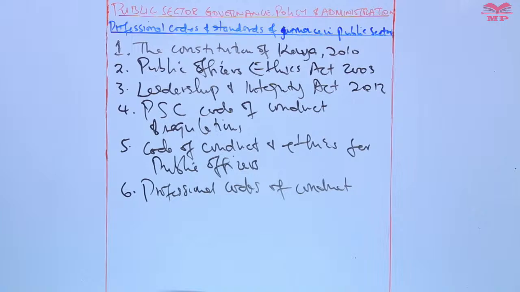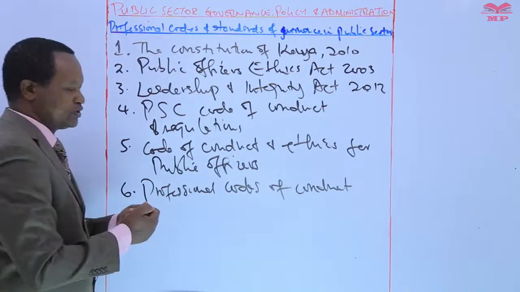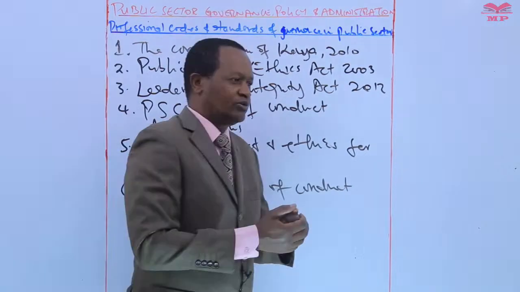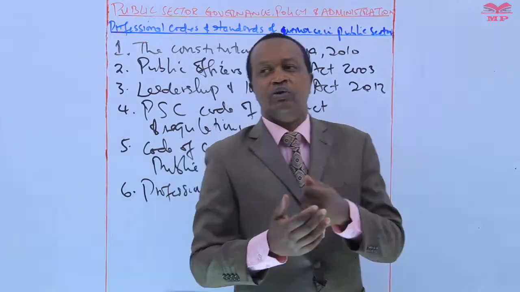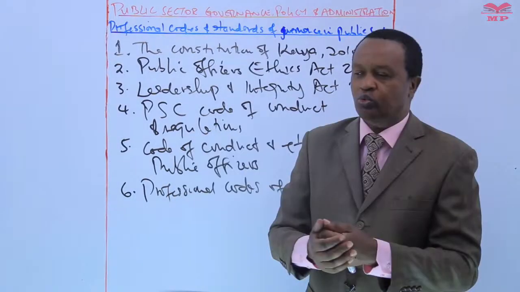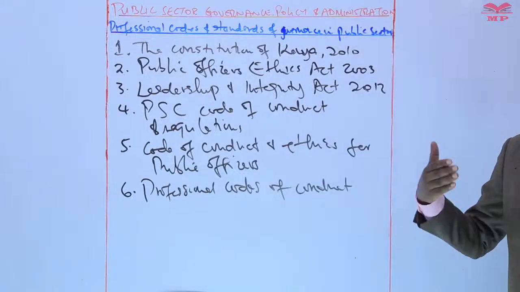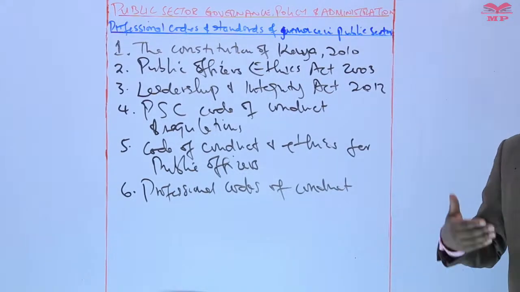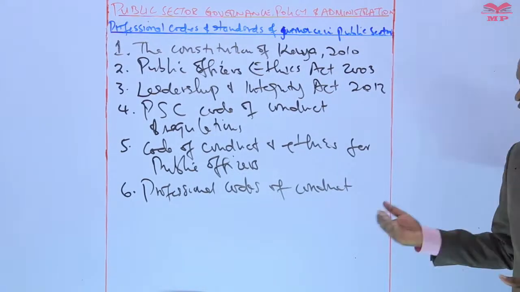There are various professions within the public sector, such as accountants. We have professionals like engineers. We have doctors, lawyers who work within the public sector. And these professionals have their own codes of conduct that guide their ethical and professional behavior.